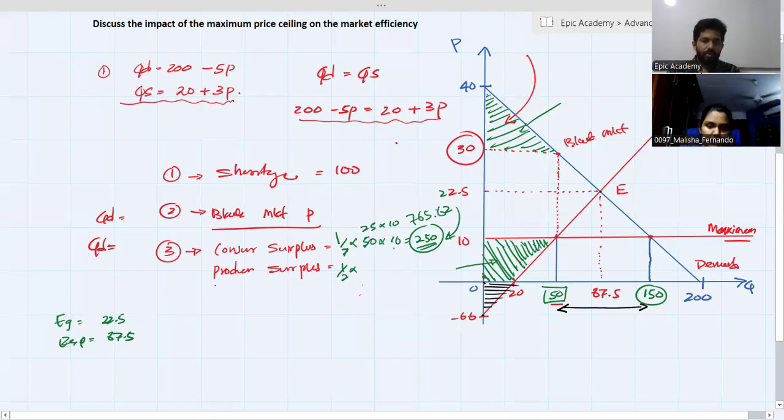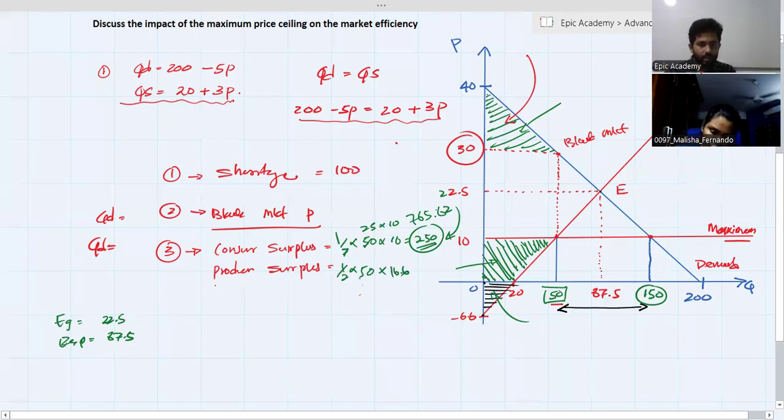Yes, it reduces. So then again you have to calculate the value of this area. Just consider the whole area and reduce this amount. It is easy to do that. 50 multiplied by 16.6, isn't it?